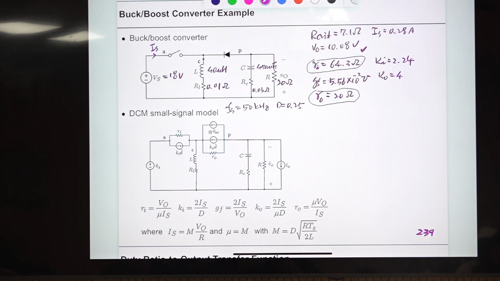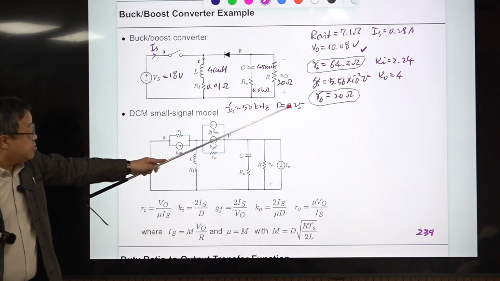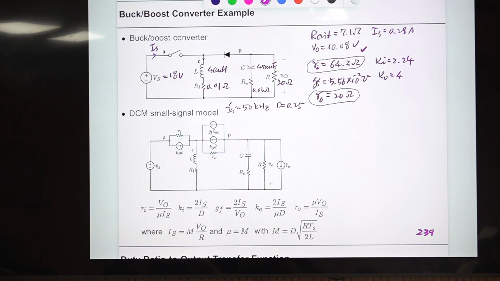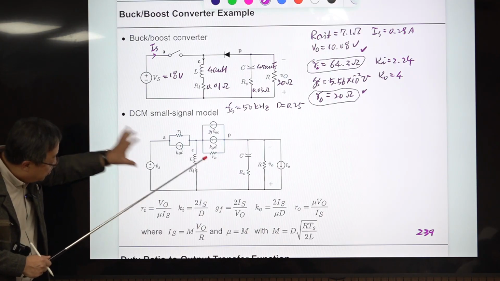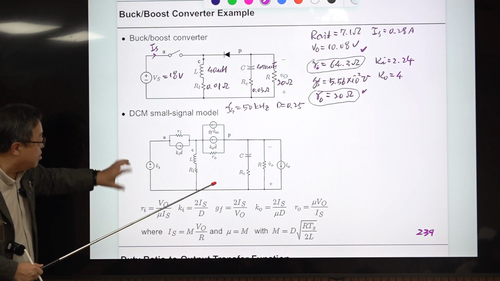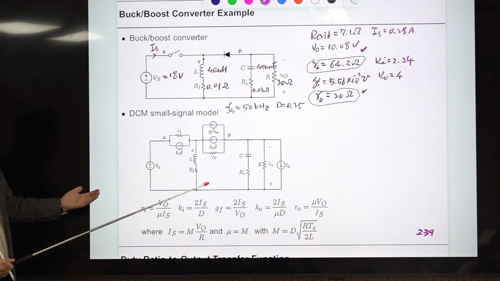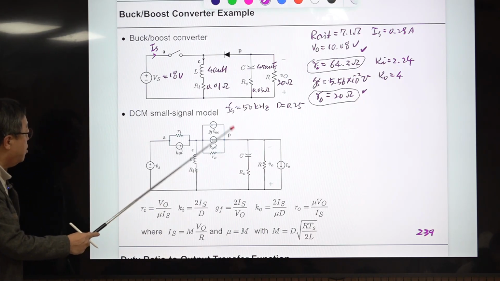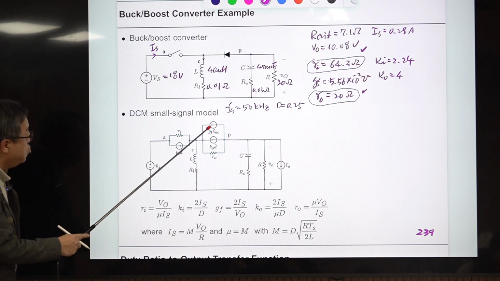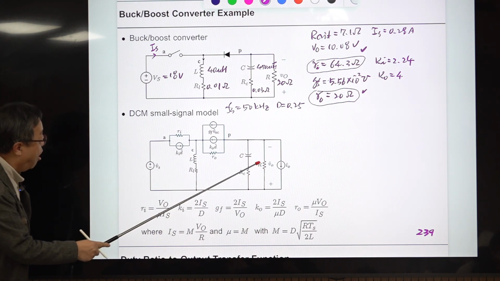It's very large, right? And RO, this one, is very large too. This is the small signal model of this converter, right? And from this converter, you can derive all the transfer functions: input to output, load current to output, or duty ratio to output.